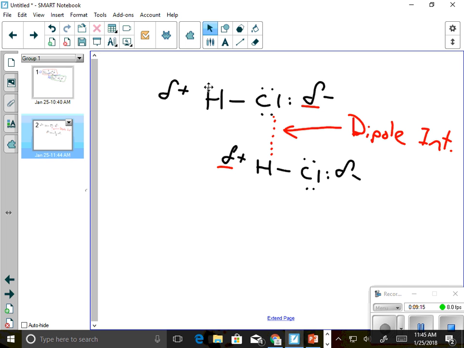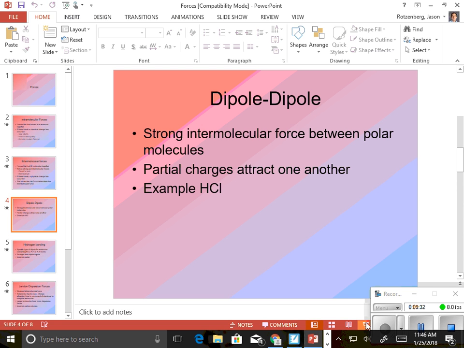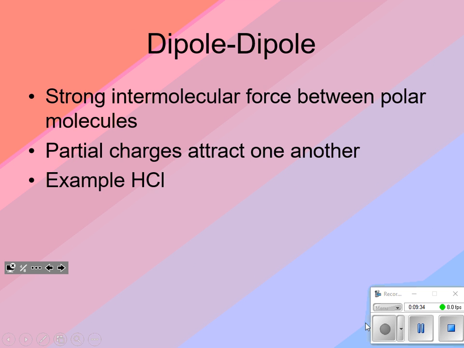But these aren't big opposite attracts. These are partial opposite attracts. Okay, so that is dipole-dipole, or just dipole interactions. Depending upon what text you would read, it would give a different name for it possibly.